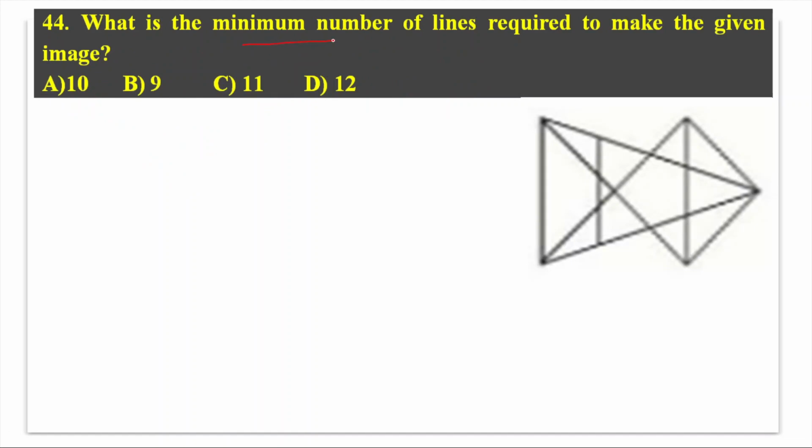What is the minimum number of lines required to make the given image? So in order to make this image, how many lines are required, or the minimum number of lines we need to find here. So let us try to count the number of lines here. I'm starting from this position here.